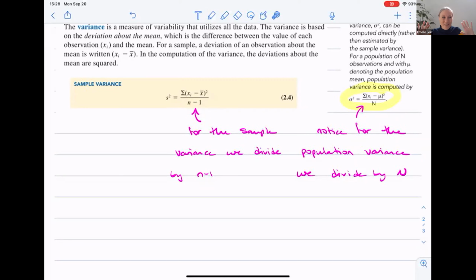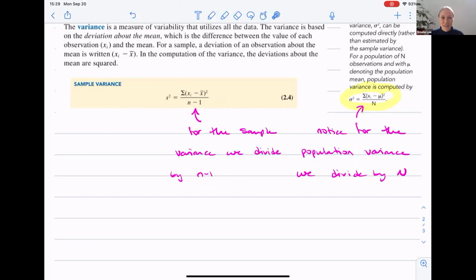For you guys, what I want you to remember is that most of the time we will be dealing with sample data, right? And so you're going to be dividing by n minus 1, or your software is going to divide by n minus 1. Versus if at some point, and usually we like to be a little bit sneaky and have a multiple choice question saying, say the population is this, blah, blah, blah, find the variance, then you would divide by n, not n minus 1.